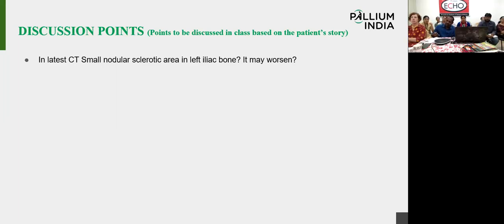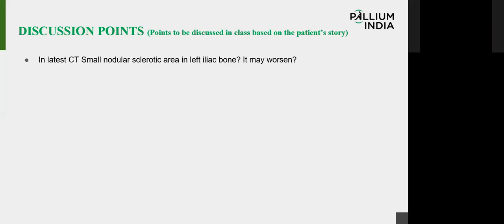Secondly, if we know she has this sclerotic area in the left iliac bone, and you are worried that she has a metastasis, then only if she's symptomatic would I recommend a bone scan. Else, I don't think you should bother about this at all. If she's asymptomatic, ignore it completely.